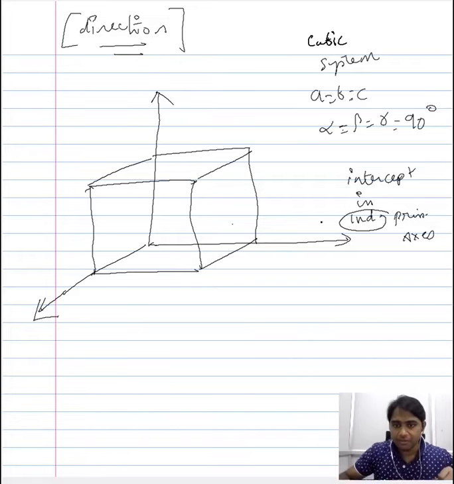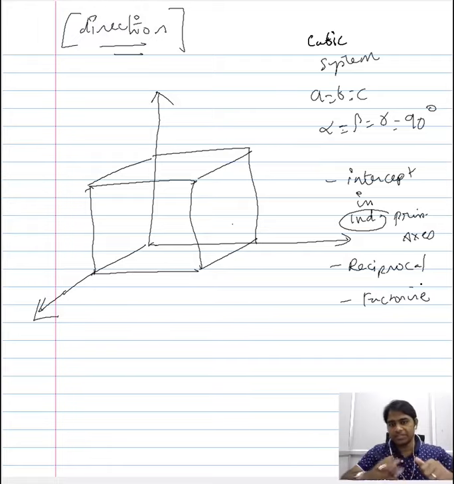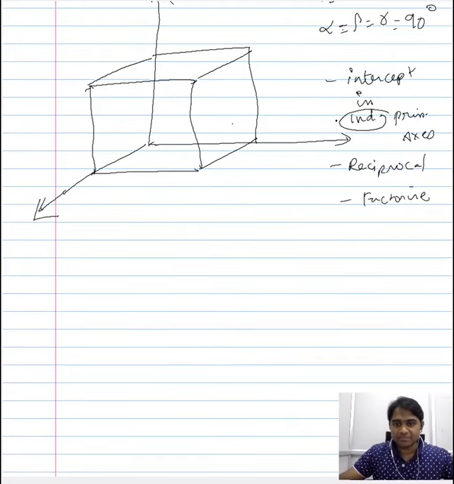And then once you have, for each axis, a definite point where the plane meets your individual axis, you take the reciprocal of it and then you factorize it. Intercept, reciprocal, and then factorize. Meaning you will get rid of the dimension value, that is A, the lengthwise dimension of the unit cell, and you ensure that you don't represent the values as a fraction but rather as integers, and this we refer to as the Miller indices.